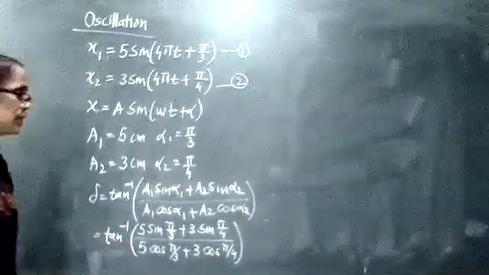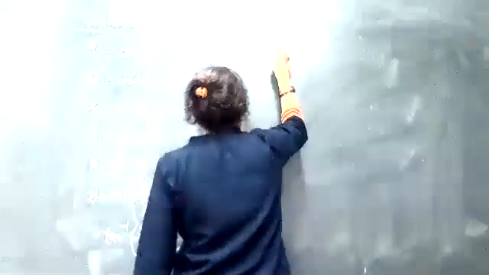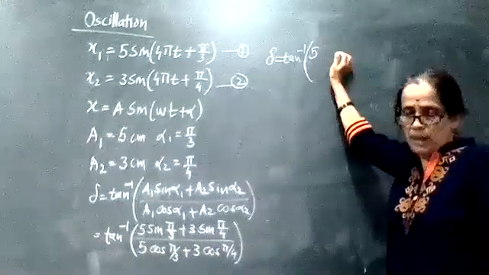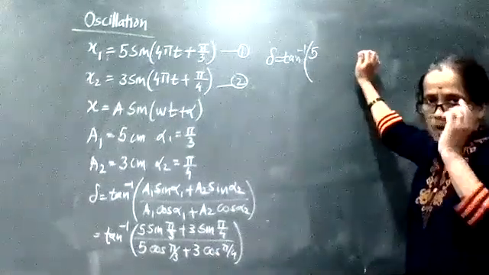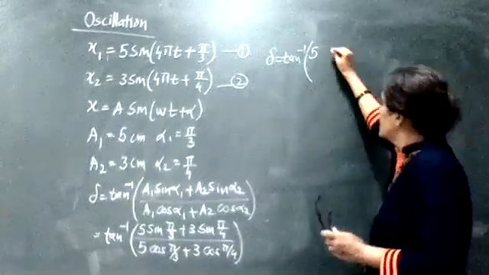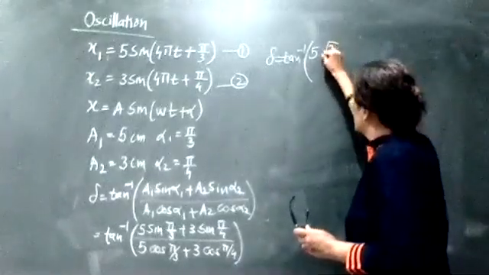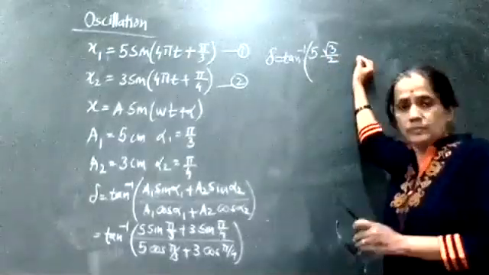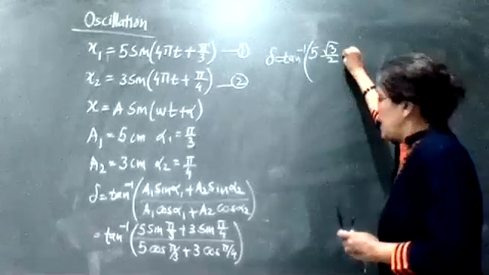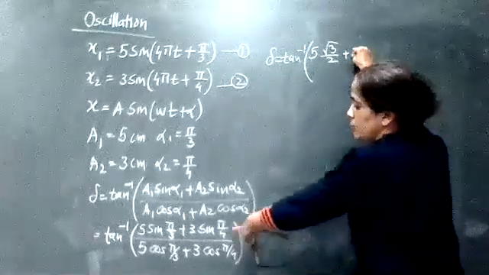And now you have to put the value. So what I write? Delta is equal to tan inverse in bracket 5 sin pi by 3 means nothing but your sin 60. Right? Sin 60 is nothing but root 3 by 2.